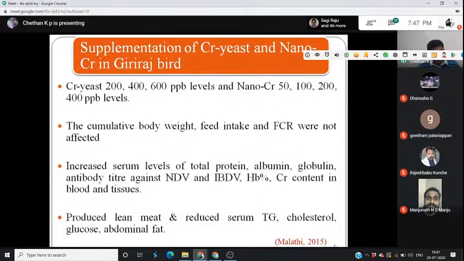They found that the cumulative body weight, feed intake, and FCR were not affected, but the serum levels of total protein, albumin, globulin, and antibody titer against NDV and IBDV, hemoglobin percent, and chromium content in the blood and tissues were improved. Nano supplementation also produced lean meat and reduced serum triglycerides, cholesterol, glucose, and abdominal fat.